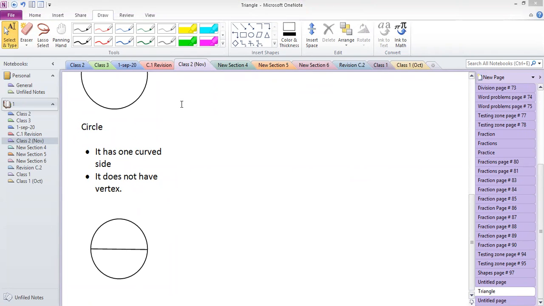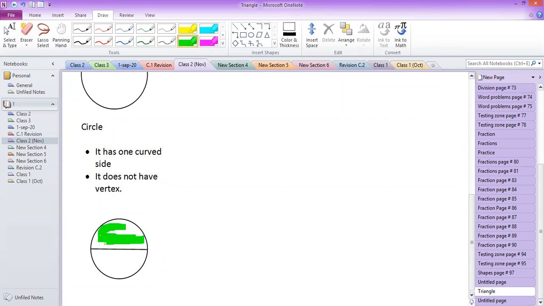So this part is called a semicircle. Both parts are semicircles. This is also a semicircle, and the lower one is also a semicircle.